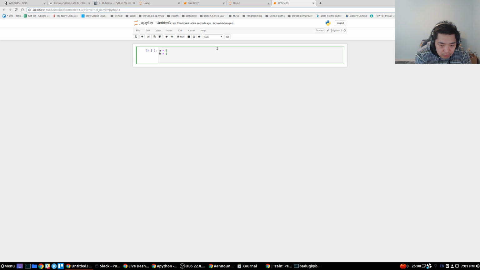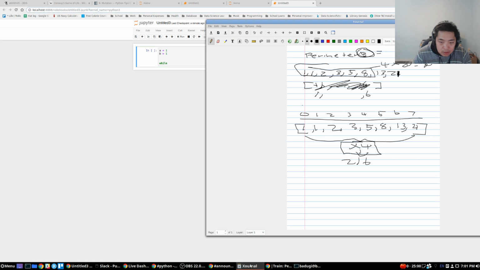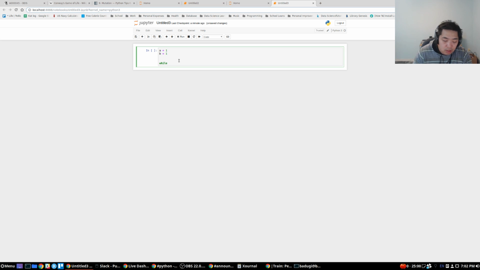So instead of using a for loop, let's say you want to use a while loop, right? And let's say you want to go over this 8 times, so 1, 2, 3, 4, 5, 6, 7, 8. First of all, I'd rather create a list to store it all into.